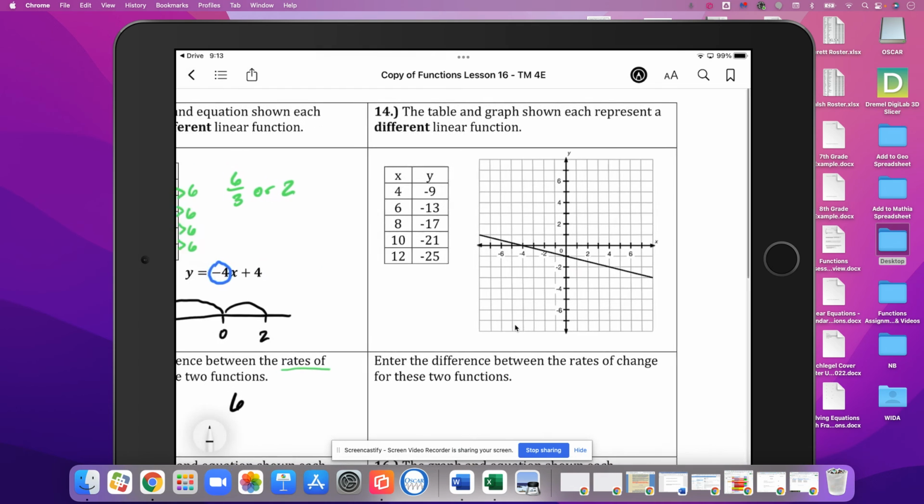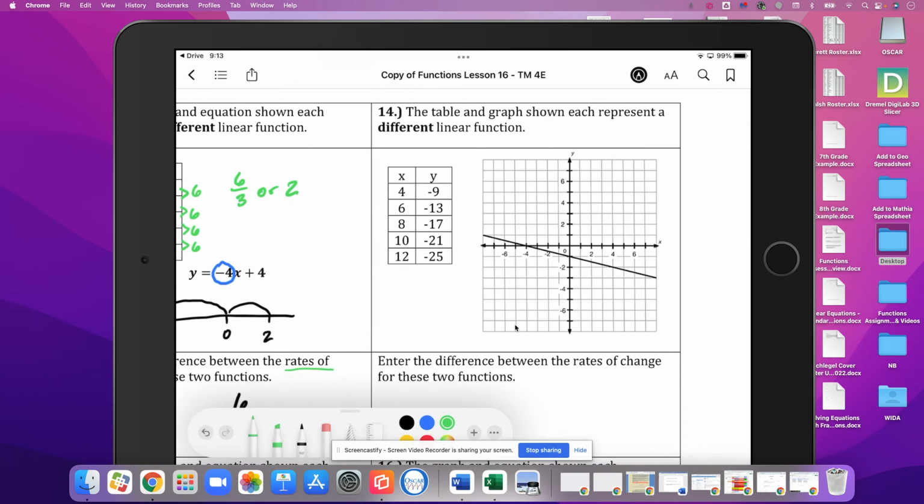And number 14, we're asked about the rates of change. So for the table, the difference here is going to be negative 4 and 2. So negative 4 over 2, which is the same as negative 2. And for the graph, got a point here and a point here.